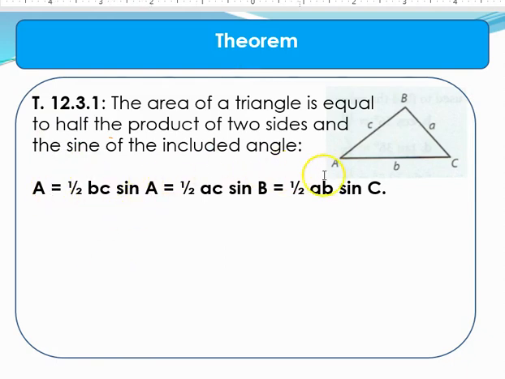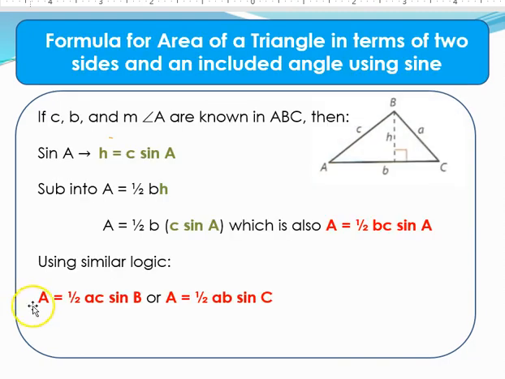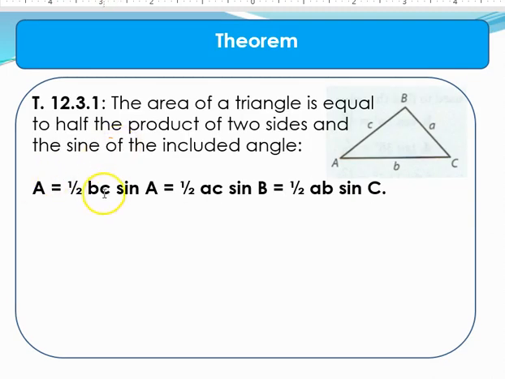This is basically a restating of the last slide where we used similar logic, and this is the theorem that comes from that formula. So A equals 1/2 BC sine A, or 1/2 AC sine B, or 1/2 AB sine C.